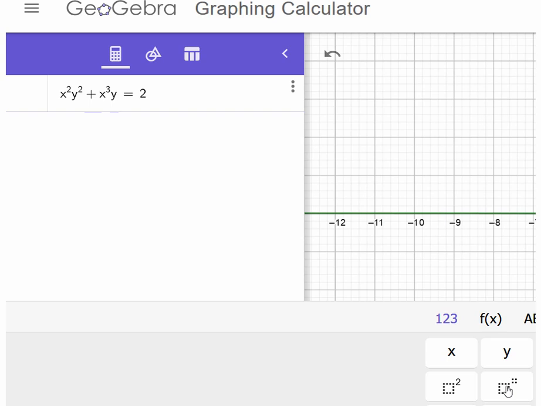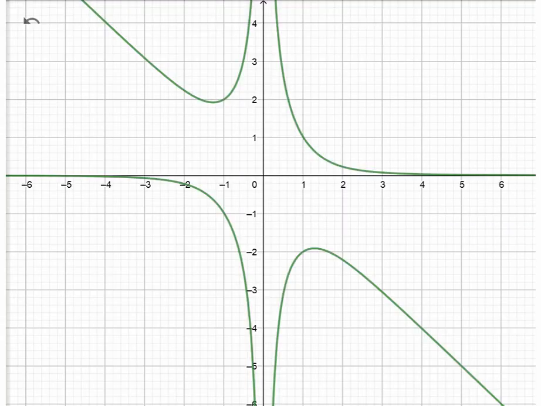If we look at the graph, GeoGebra produces a graph for us, and we can see in this graph that 1, 1, -1, 2, and 1, -2 are all points on the graph of the equation that we are looking at. And we can also see in this GeoGebra graph that unique tangent lines are available at the points that we are considering.